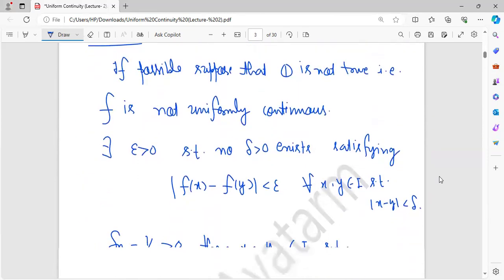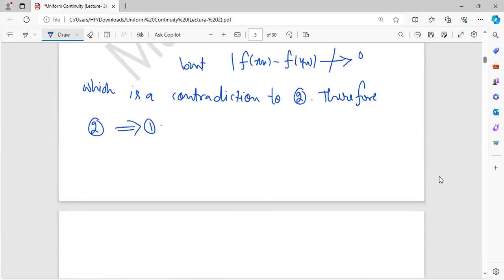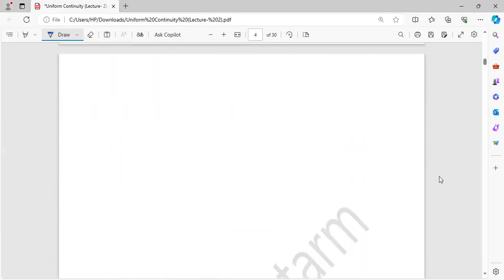So see this example now. f(x) is equal to x square on R. This function is continuous on R. We will prove that, but this is not uniformly continuous on R.